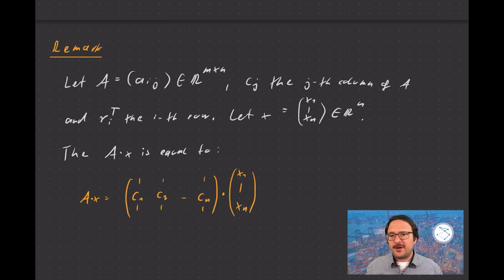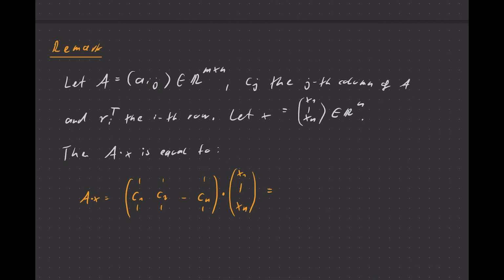Now the first element of row 1 or row 2 or row 3 is always the corresponding entry in the column vector C1. The second element of each row is the corresponding entry in the column vector C2, and so on. So x1 is always multiplied with the corresponding element of C1. So this is the same thing as: take the column C1, multiply that by x1.